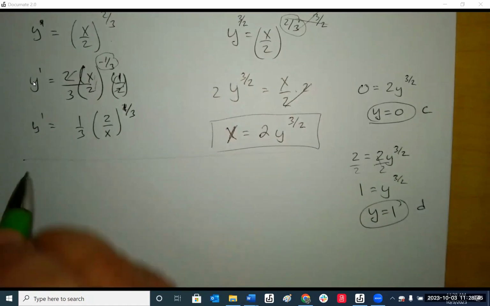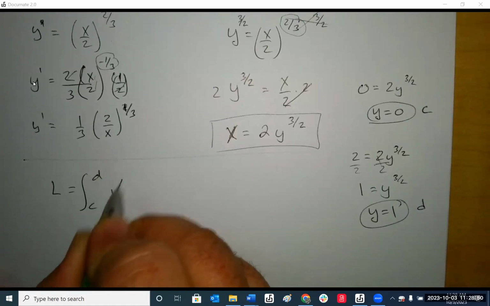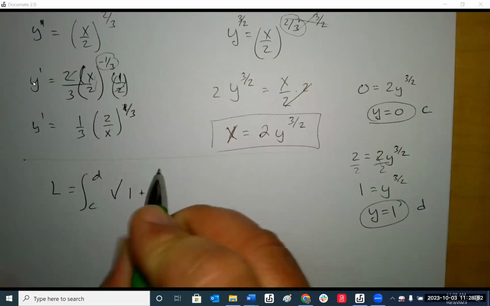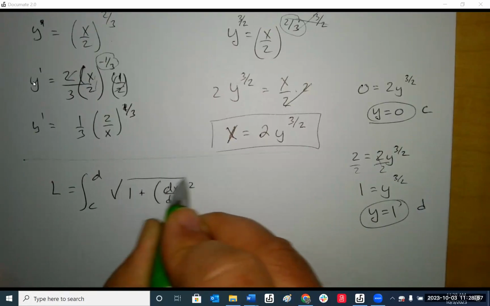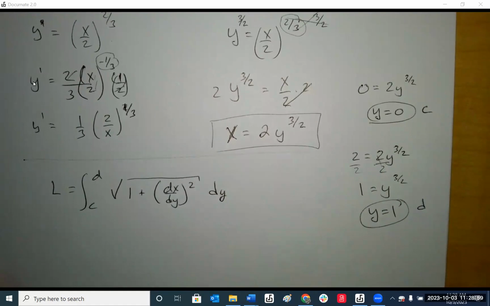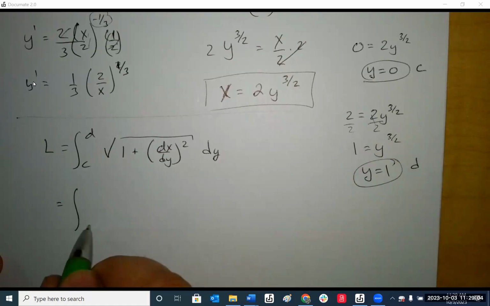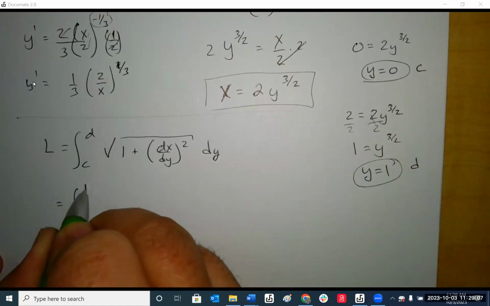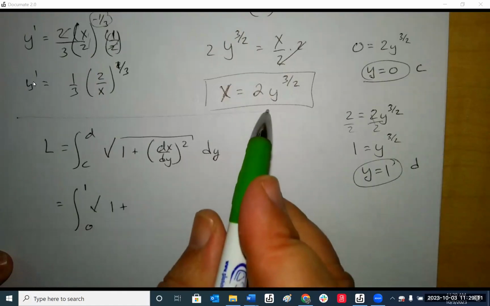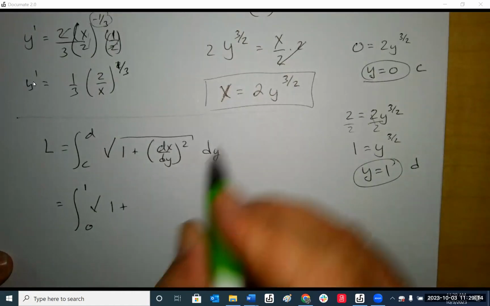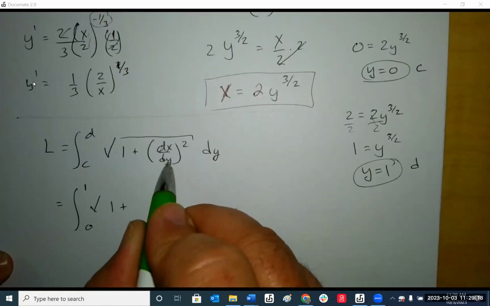So let's begin. So L is equal to the integral from C to D of the square root of 1 plus (dx/dy) squared dy, from 0 to 1. 1 plus, okay, there's x. We have to find the derivative, then we have to square it.